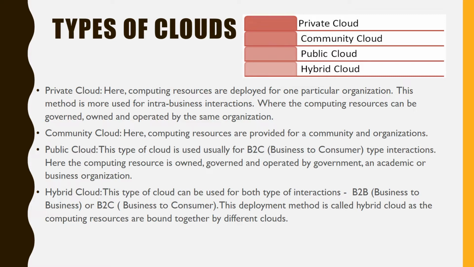This type of cloud provides services to the members of this particular organization, and the services are only operated by the members of the organization and governed by the organization itself. There is no hold of any external person or organization on these particular clouds.